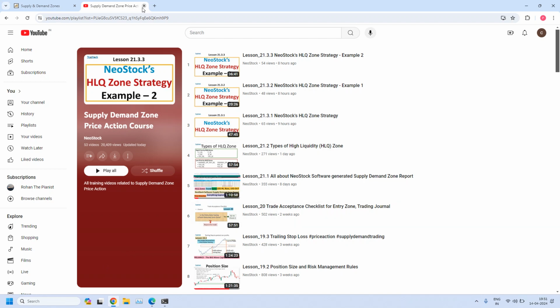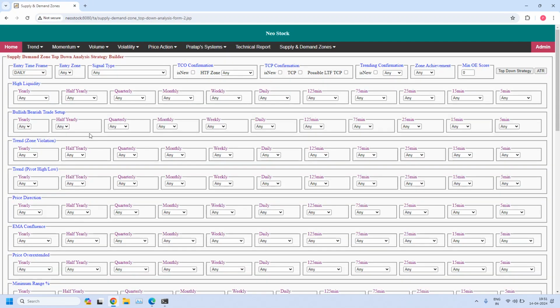Now let's get into the report generation with the help of NeoStock software, supply demand zone top-down analysis strategy builder. So the first report we are going to generate is a bullish trade setup for a daily income trade. In daily income trade, higher time frame is a daily, intermediate time frame is 75 minutes and lower time frame, that is the LTF time frame, you can also call it the entry time frame, that is nothing but a 15 minutes time frame.